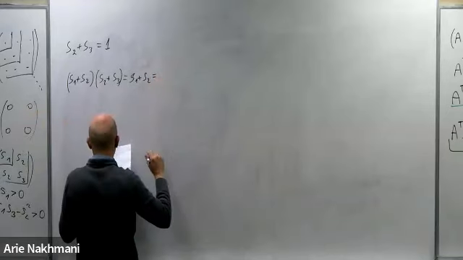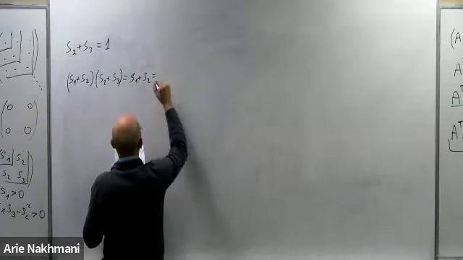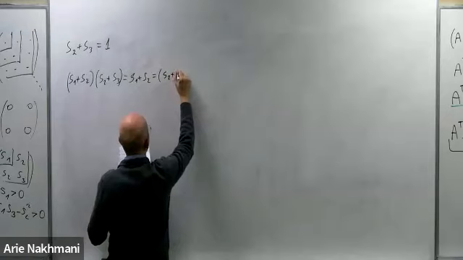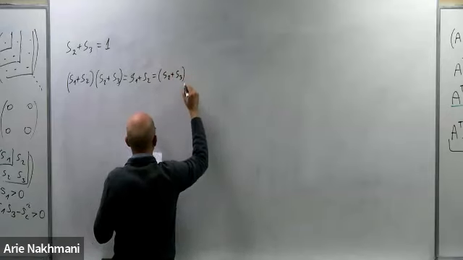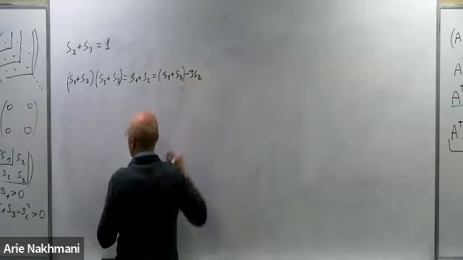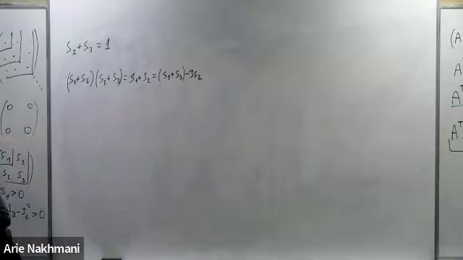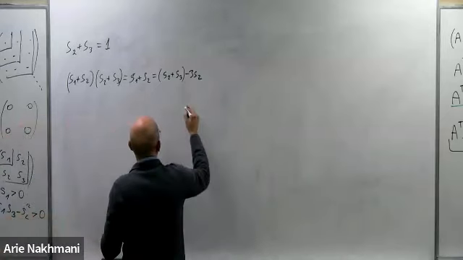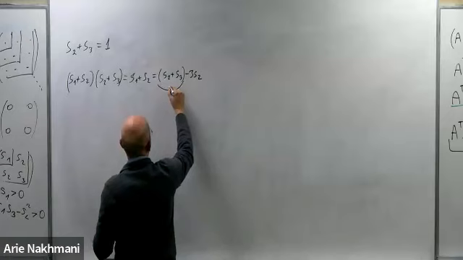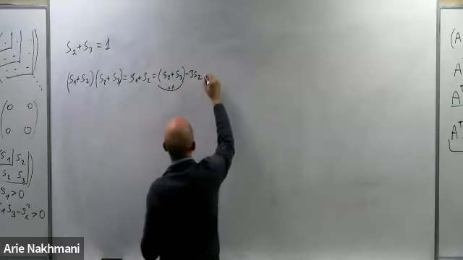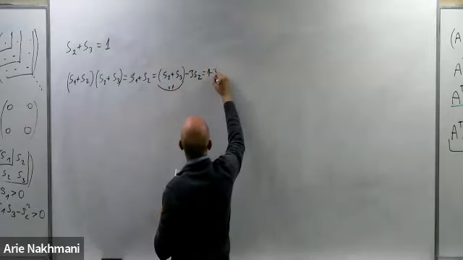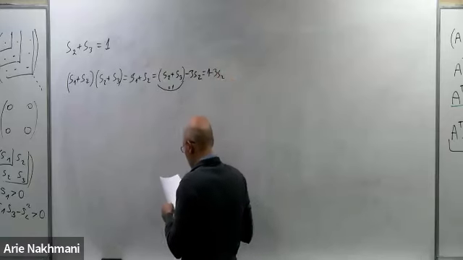And equals your previous equation, which was S2 plus S3 minus 3S2, which is that thing here. But this one is 1. That's 1 minus 3S2.